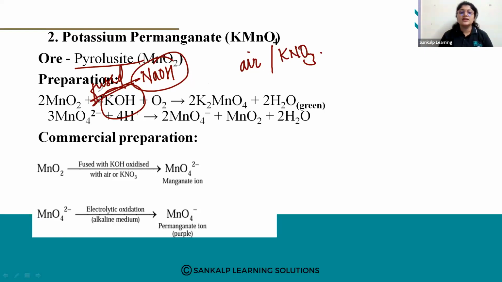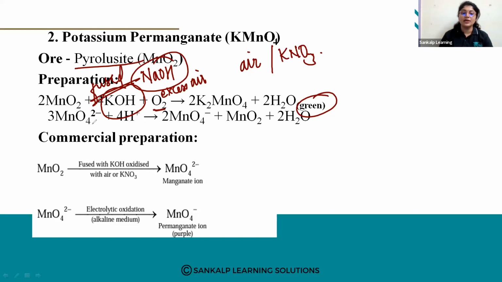After fusing pyrolusite with a base like NaOH and with excess of oxidizing agent or excess of air, here they have taken excess of air, which is acting as an oxidizing agent, providing oxygen. It is converted into dark green colored K2MnO4, which disproportionates in acidic medium. So this further gives MnO4, K2MnO4.